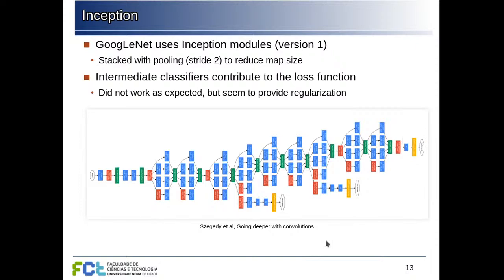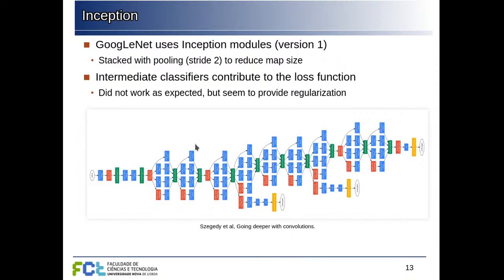So the initial idea was that this could speed up training in the early stages by giving more information to the previous layers in order to organize them. It did not work out exactly like that, but it seems to provide some regularization, so reducing overfitting a bit by adding these intermediate layers.